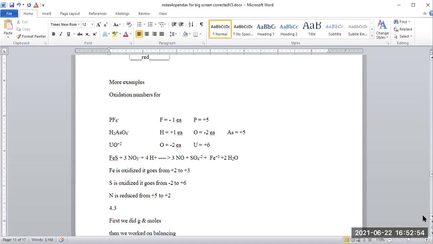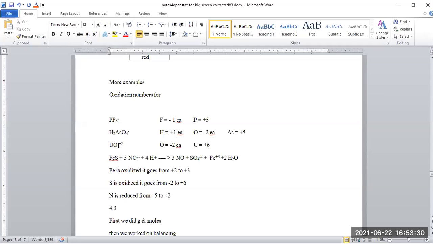And then I'm going to do one more, and then we're going to take a break, and then I'll come back and do the weird one. So UO +2, uranium. This is supposed to be a uranyl, one of the rare polyatomics. And I realized I also have something missing. This is supposed to have 2 oxygens in it.